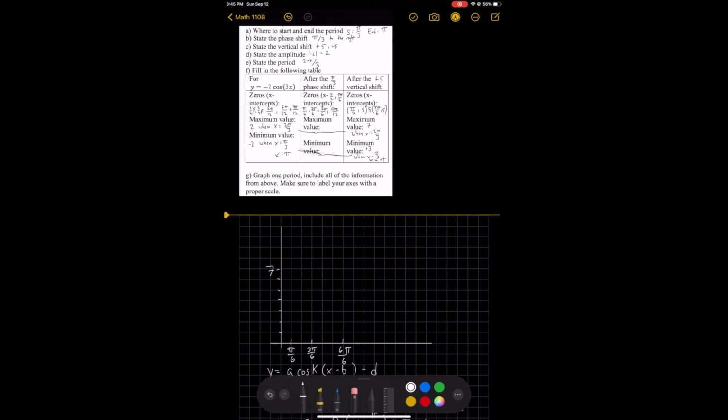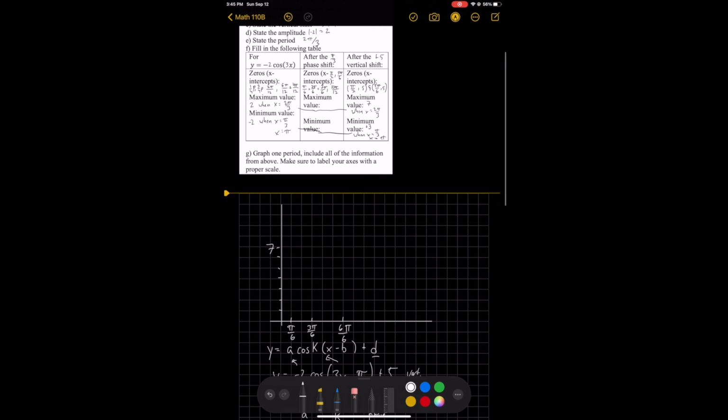And so our first key point is going to be at pi over 3 here. So pi over 3, 3. And then the other minimum is going to be at the end of the period, which is pi here, 3. And then right in the middle, we have our max up here.